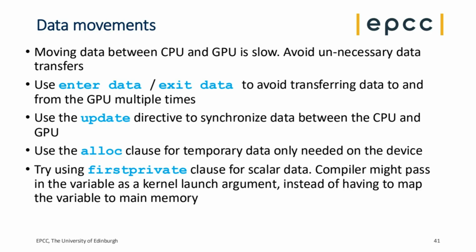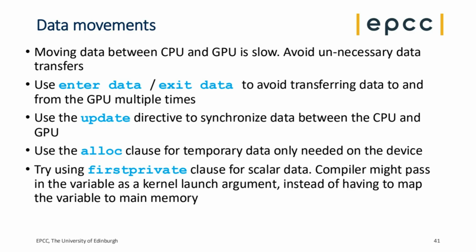If every so often one of the input parameters to a kernel changes, you can make an update call just to update the new data such that it is on the GPU. If you want to allocate data on the device, you can use the alloc clause to make sure that it is allocated on the device, not on the host, confined to your GPU.